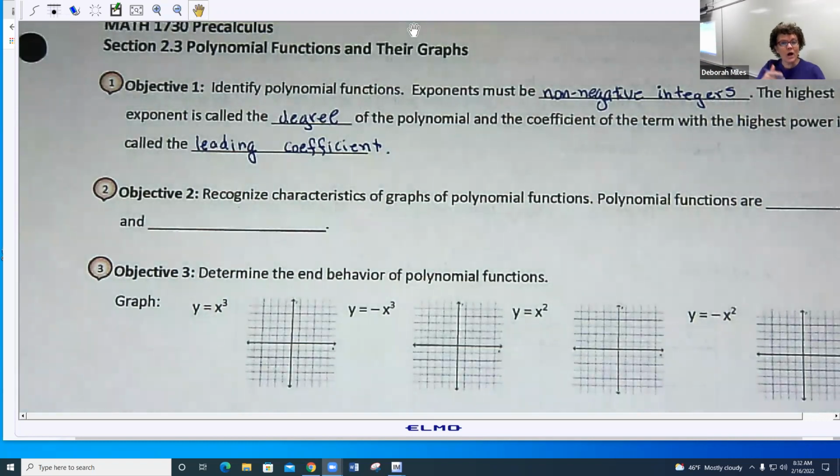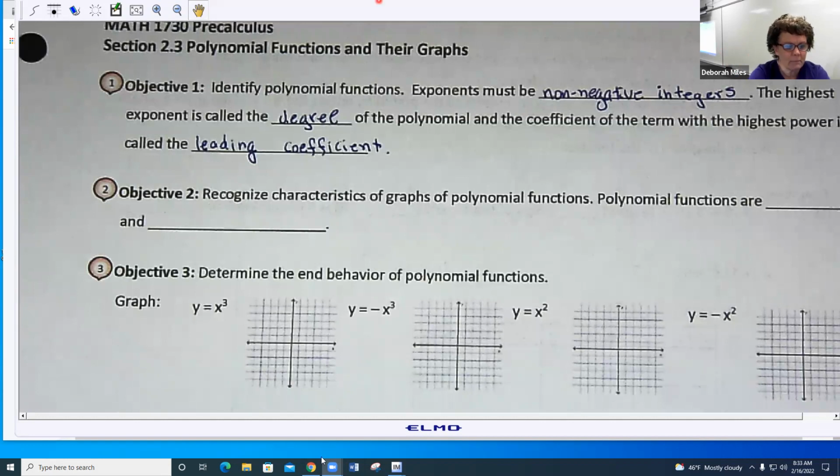No matter in what order the terms are written, the coefficient of the term with the highest power is called the leading coefficient. The term with the highest power is called the leading term, even if it's in the middle, even if it's at the end. The term with the highest degree is called the leading term, and its coefficient is called the leading coefficient.